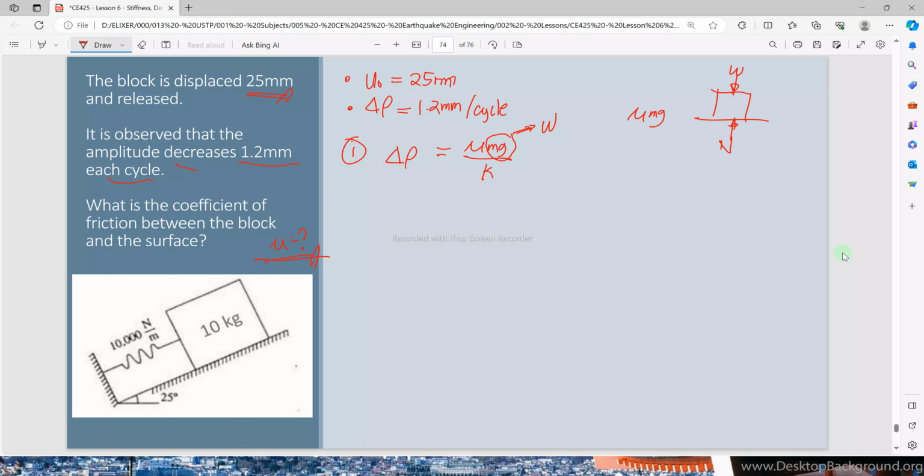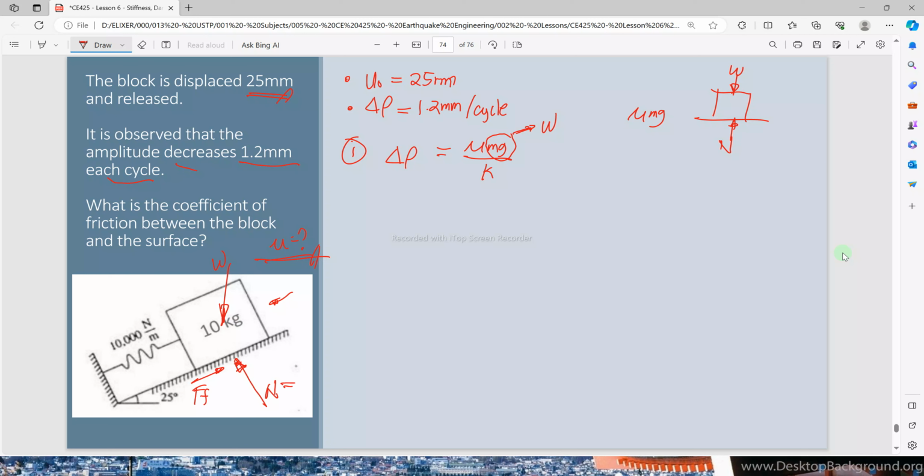How about with this one? It is slanted. You have your weight here, but your normal force will be like this. Now, if the motion is in this direction, the friction will be in that direction. So what is the normal force?